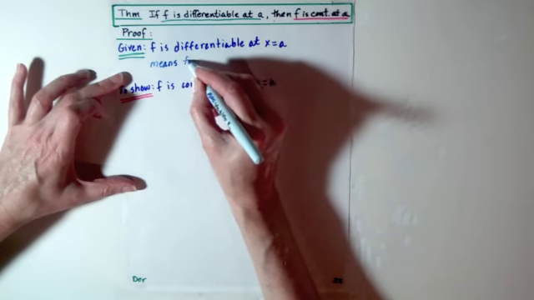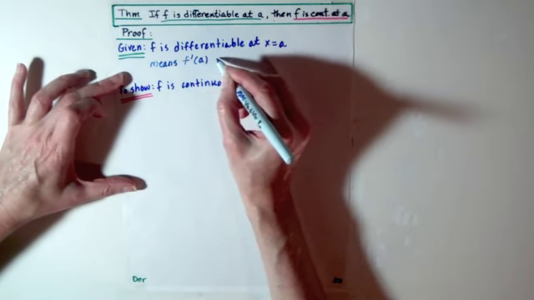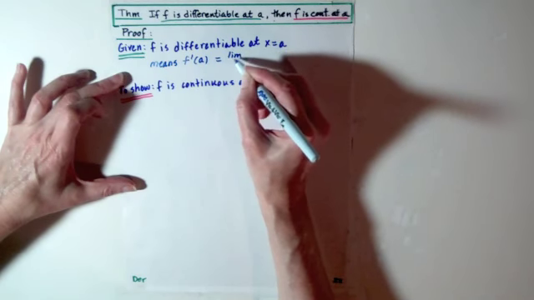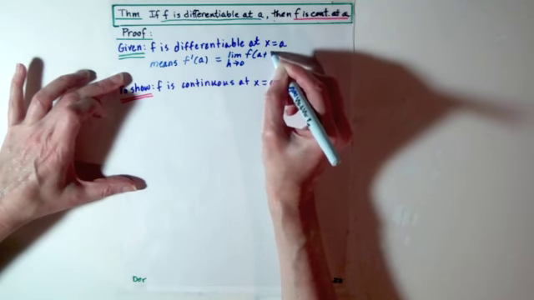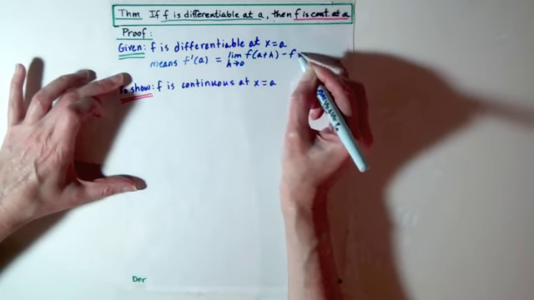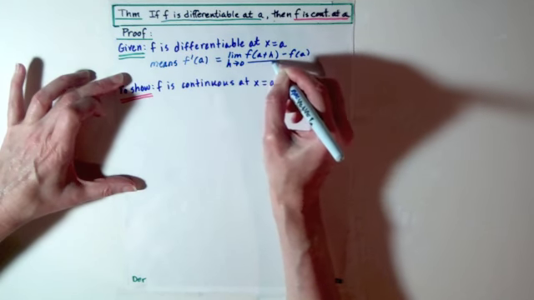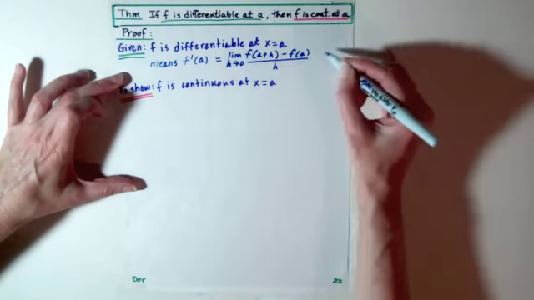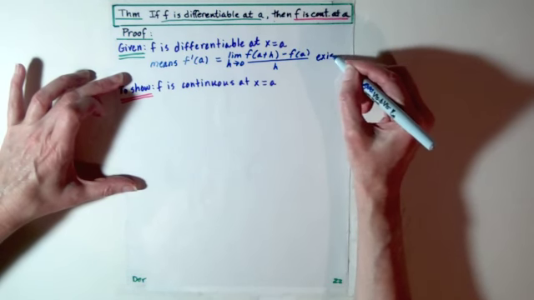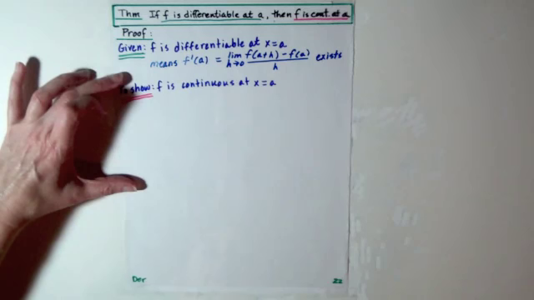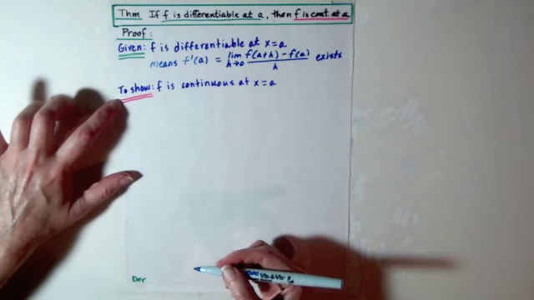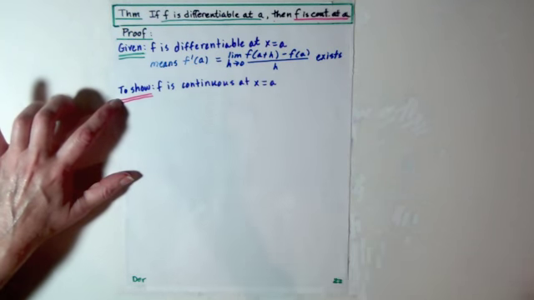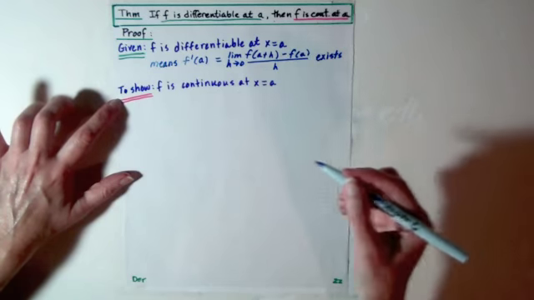It means f prime of a, which is that long limit as h approaches 0 of f of a plus h minus f of a, all divided by h, exists. Okay? And the thing we're asked to show is that f is continuous at a. Well, what does it mean to say f is continuous at a?